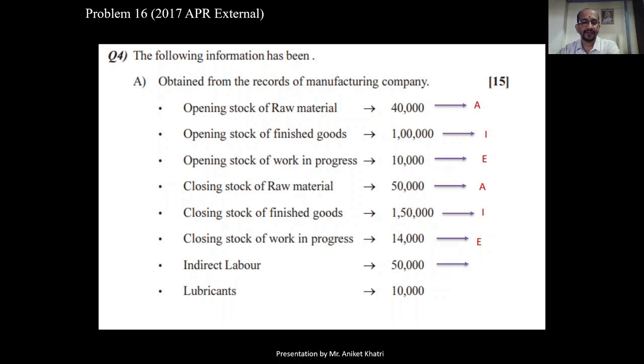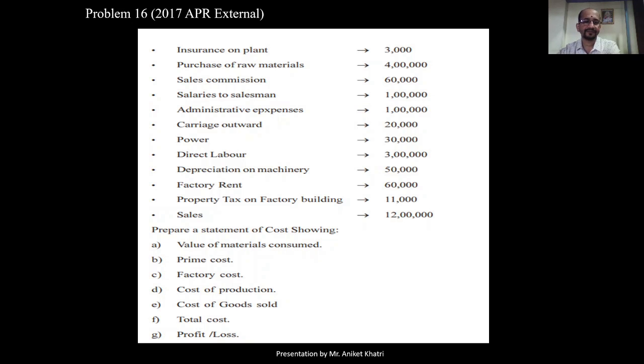Okay, indirect labor, E. Lubricants, again E. So this is the second page.